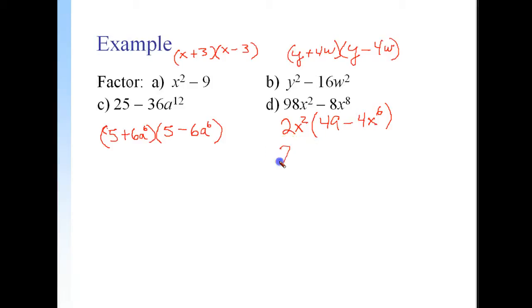So we set it up, 2x squared into their conjugates now. 7 plus 2x to the 3rd, 7 minus 2x to the 3rd. And if we FOIL it, we get this, and if we multiply it by that, we get this.